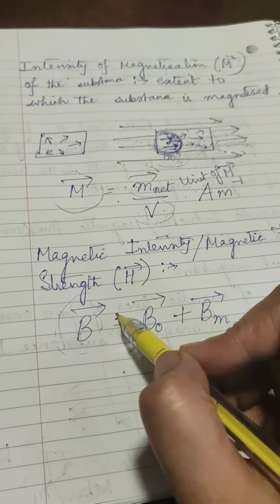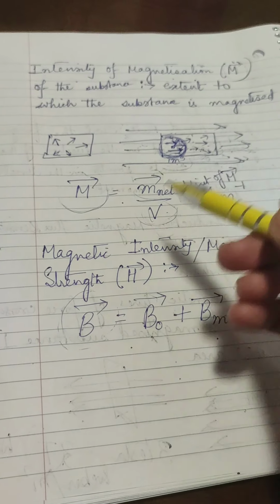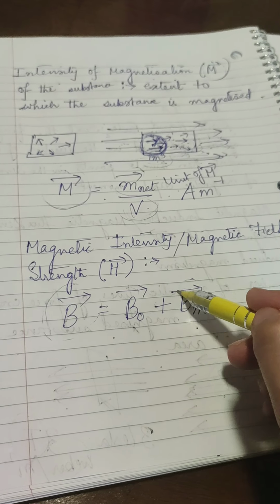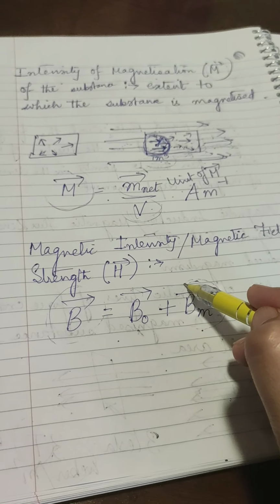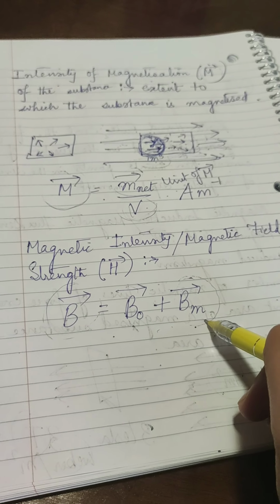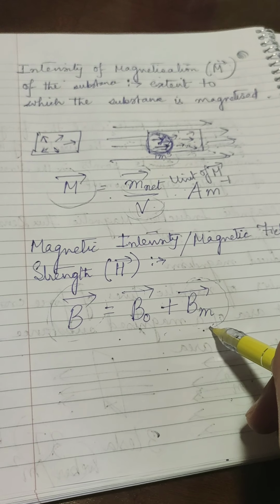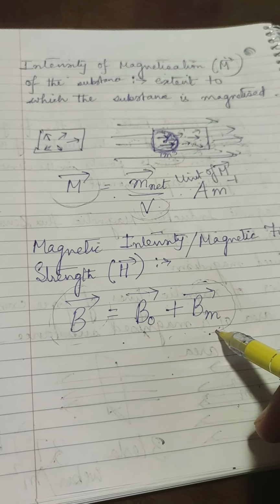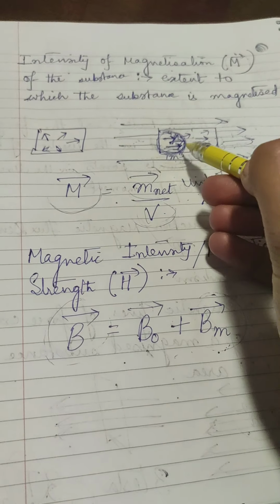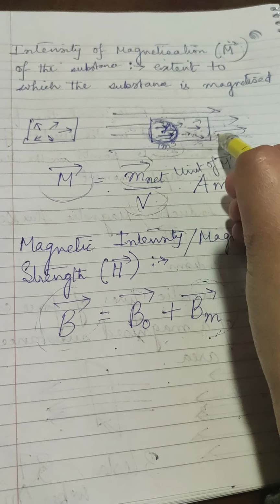The magnetic field inside the substance, as the magnetic lines of force pass through the substance, is the sum of the external field and the field due to magnetization of the substance, B naught plus B suffix M. Since the substance has got magnetized, depending on how much it has been magnetized, it will give rise to magnetic lines of force, and that many magnetic lines of force are passing through this substance.